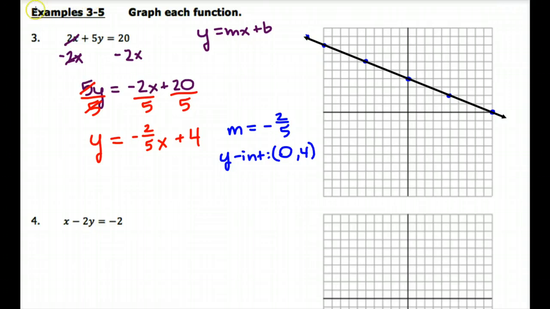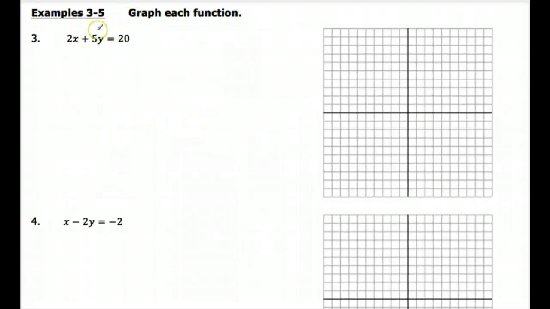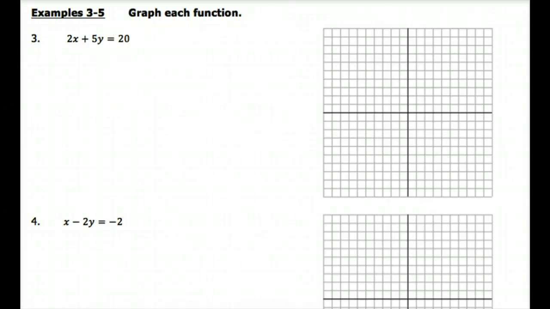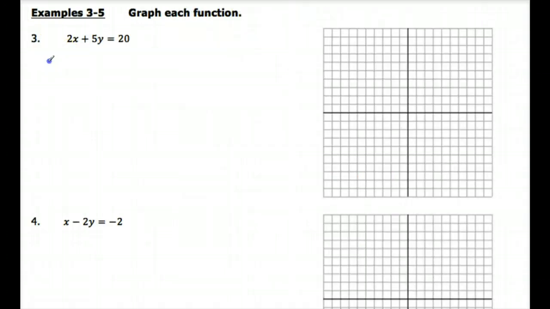Okay, now I want to show you another way to graph that line using your x and y-intercept method. So if we look at that equation again, remember we're in standard form here. Another way I can do this is I can just find the x and the y-intercept just like I did on examples 1 and 2. If we plug in a 0 for y, that's going to allow us to find the x-intercept rather quickly.